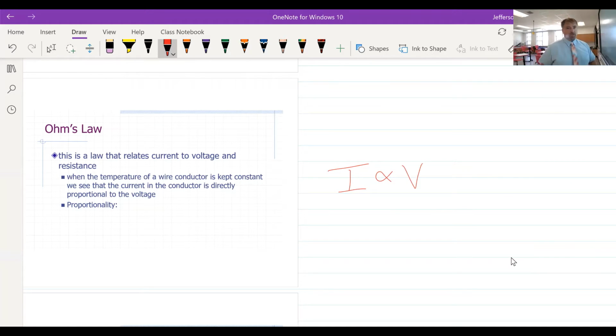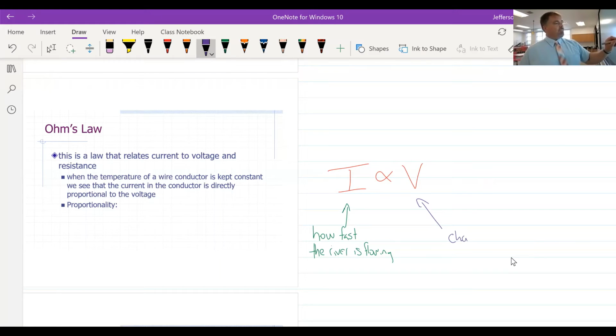Okay, and so I'm going to go back to that analogy of the river. You can kind of think of the I, the current, as how fast the river is flowing. The voltage, that is the change in energy.